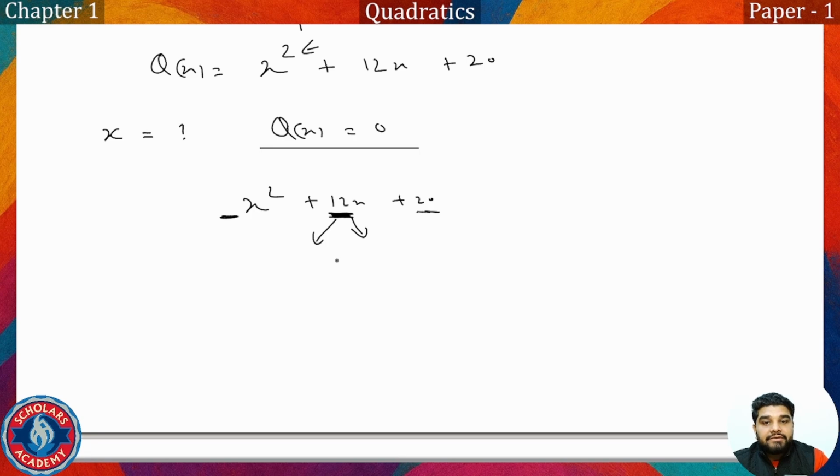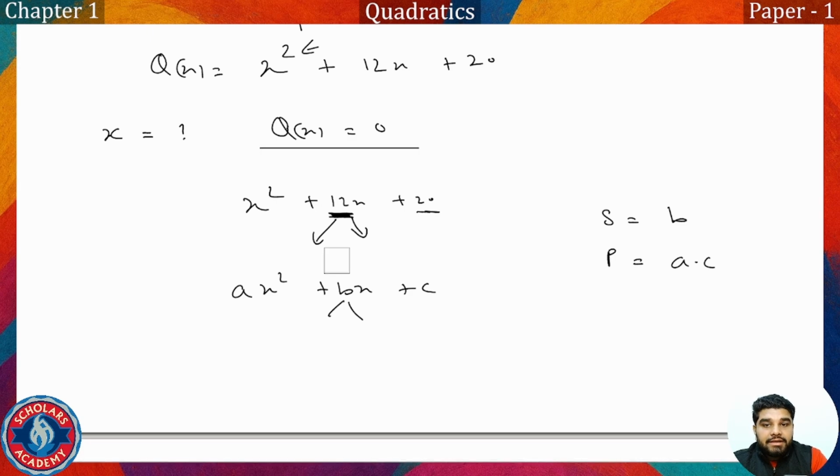If I write it in a generalized way, ax square plus bx plus c, I'll split this b in such a way that the sum should be b and the product should be a times c.